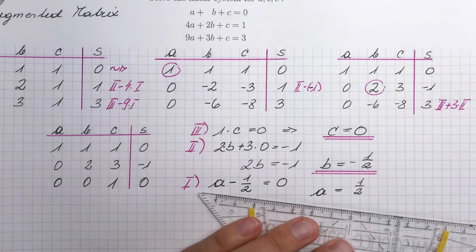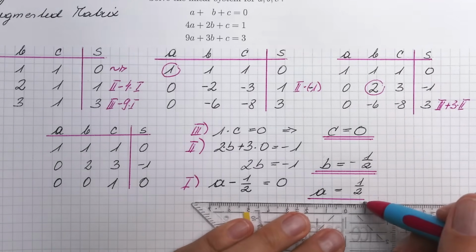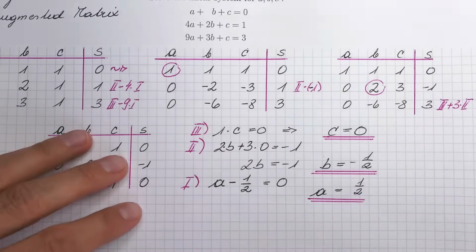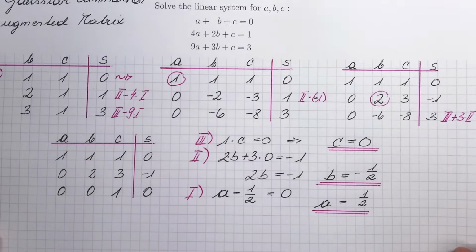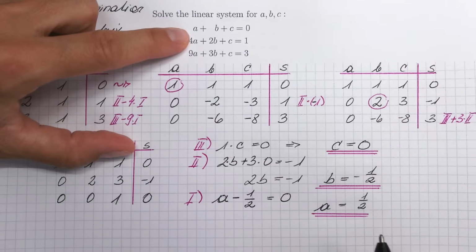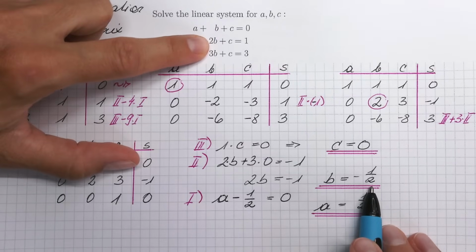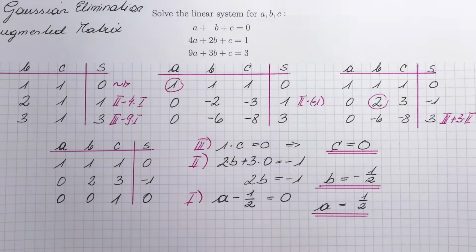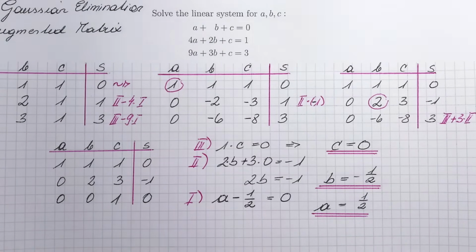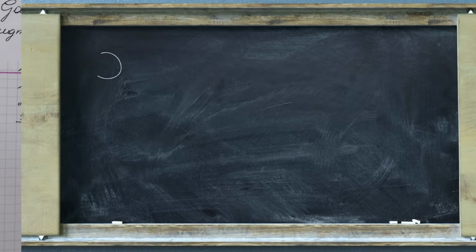Now we have the solution of this system of equations. We take a look again at what we had. Now we know a is 1/2, b is minus 1/2, and c is 0. And this is the solution to this system of linear equations using Gaussian elimination.